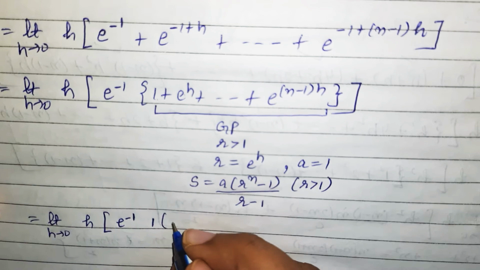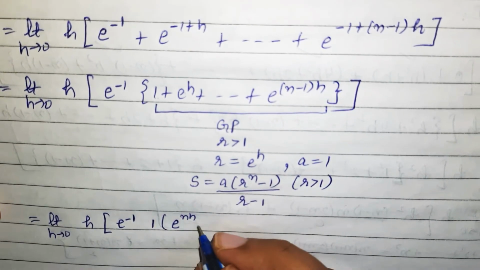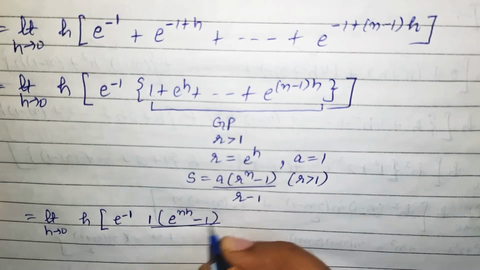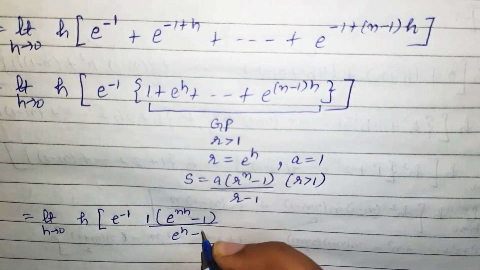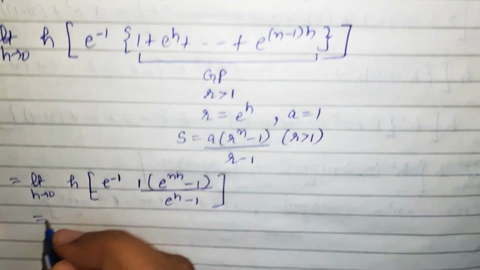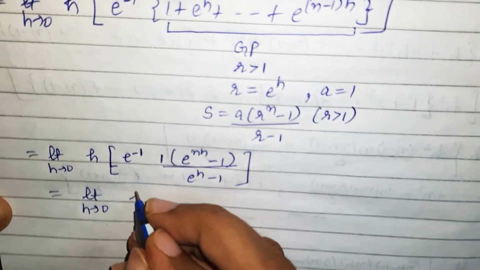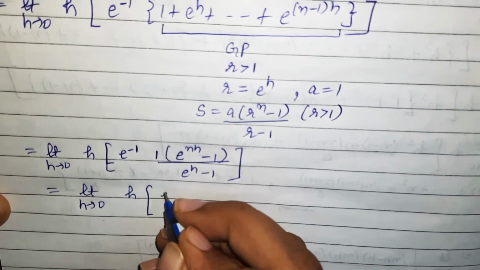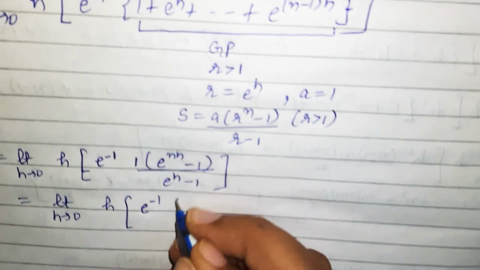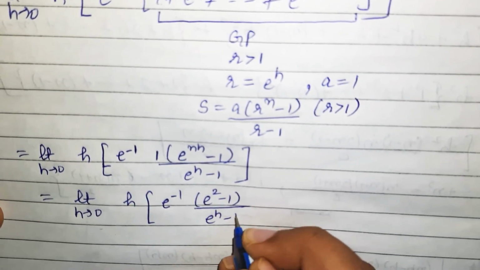then r^n is (e^h) raised to the power n, that is e^(nh), minus 1, upon e^h minus 1. Now what is the value of nh? nh is 2, so this is e^2 minus 1 upon e^h minus 1.